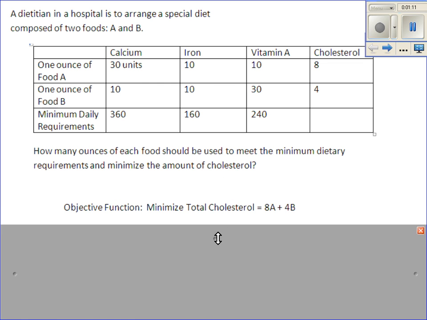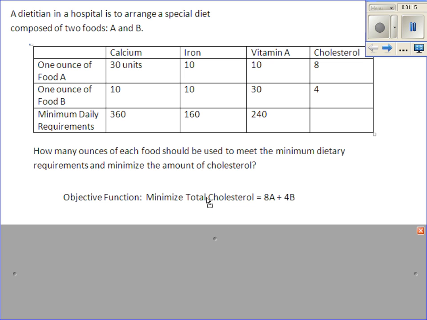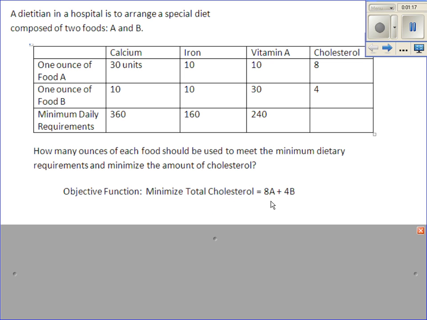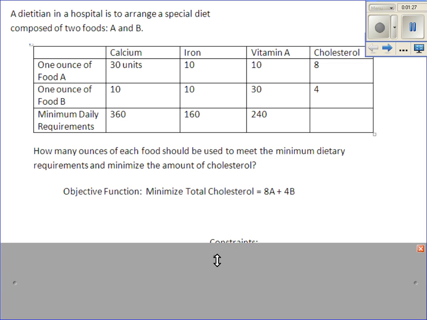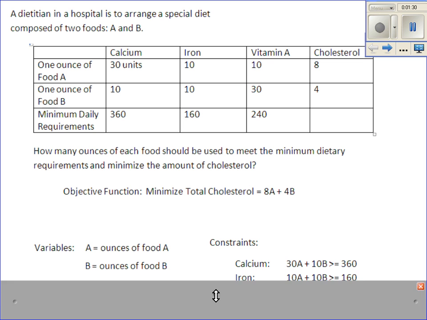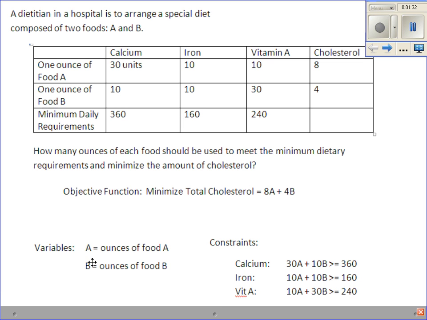So our objective function is going to be to minimize the total amount of cholesterol. Each ounce of food A has 8 units of cholesterol. Each ounce of food B has 4 units of cholesterol. So the total amount of cholesterol, where A is the number of ounces of food A and B is the number of ounces of food B, is going to be 8A plus 4B.